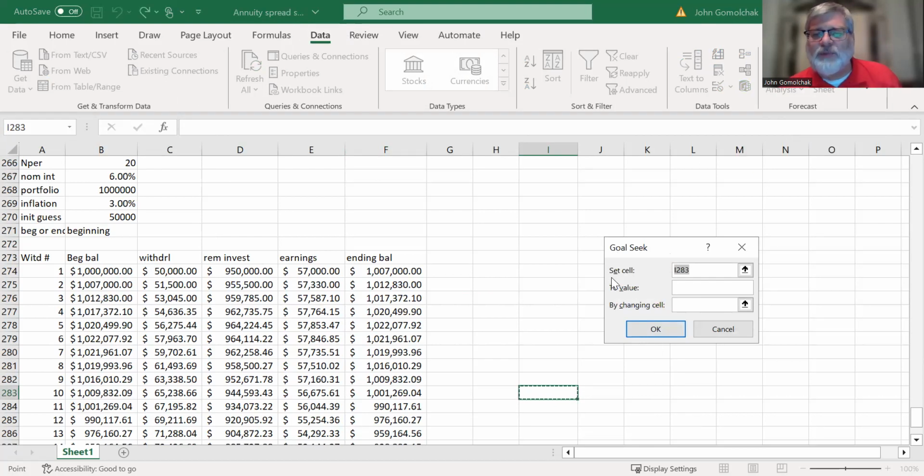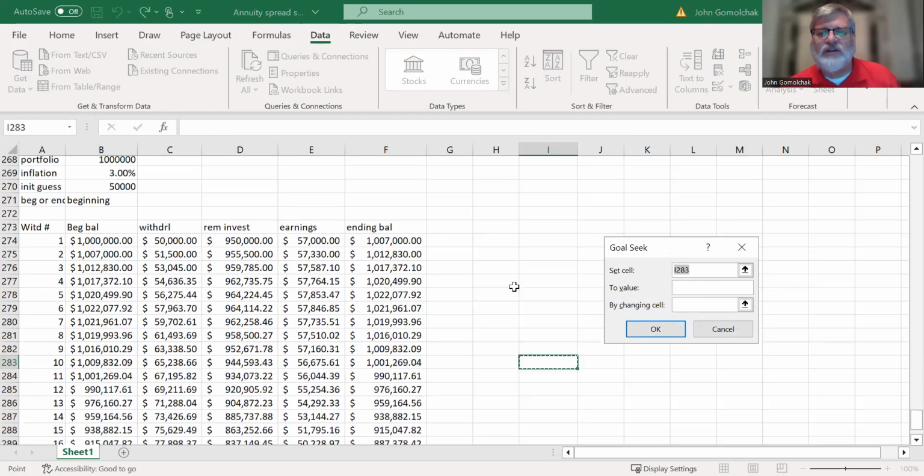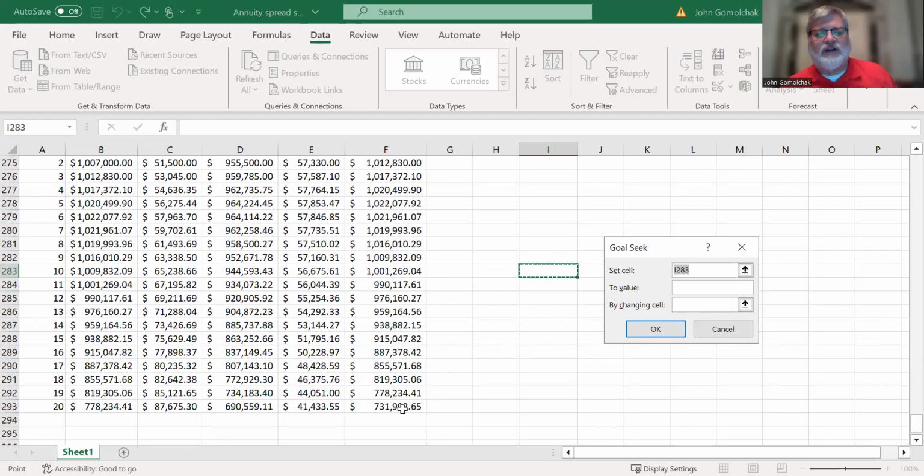So what I want to do is I want to set cell, this one here. I know what this cell needs to be for this to work out. This cell needs to be 0. Okay, so I'm going to set cell, what is that? F293, okay?